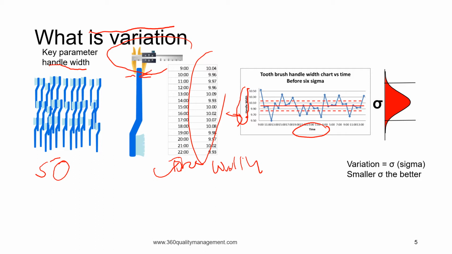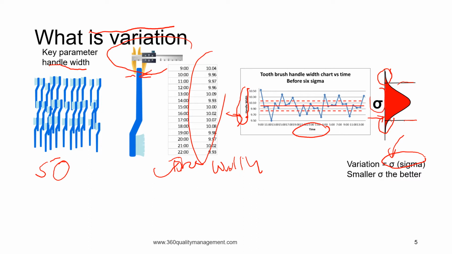And when we compare it to a distribution chart such as this, where these two lines represent the upper and lower spec limits which the customers want, you can see that some of these measurements are already over the specs. Variation is represented by a component called standard deviation, or here to make it simple, sigma.